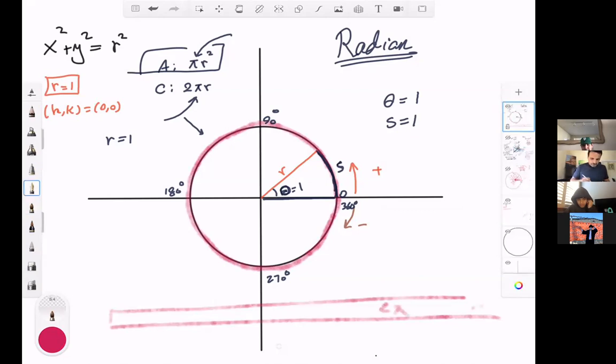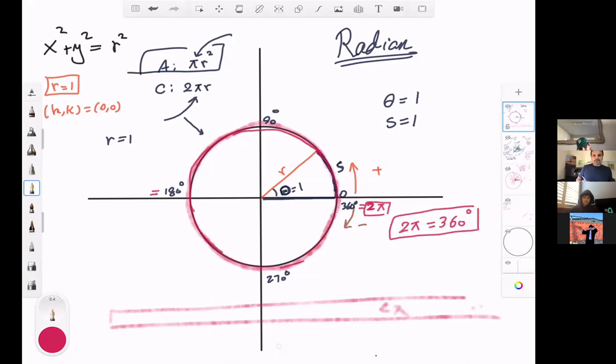So 360 degrees equals 2 pi in radians. Because this much was 1 radian, approximately, then 2 radians, 3 radians. If you go around, you're going to get 2 pi. So again, 2 pi in radians equals 360 degrees.